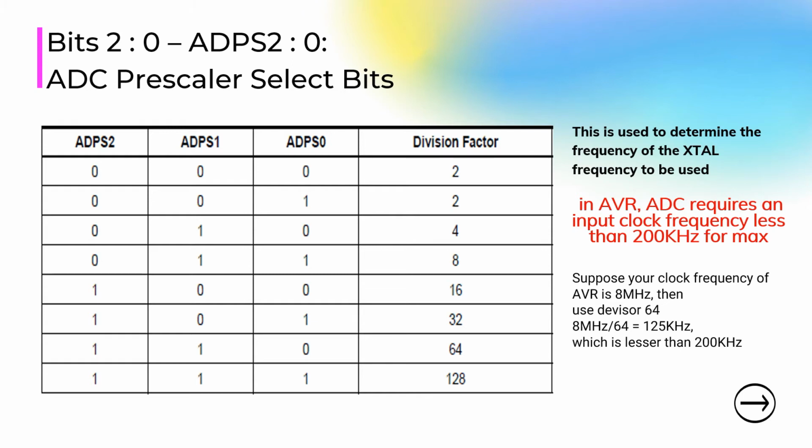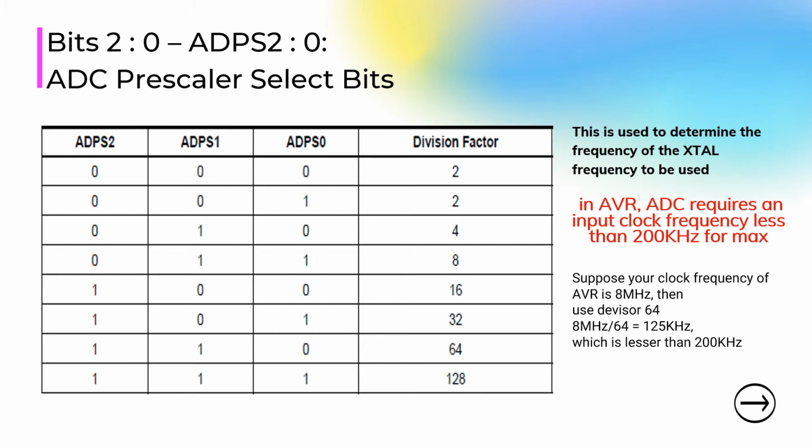So most commonly the clock frequency used will be around 8 megahertz or 16 megahertz. If we take an 8 megahertz clock and use 64, we will get something around 125 kilohertz, which is less than 200 kilohertz, which is a good sign to use.